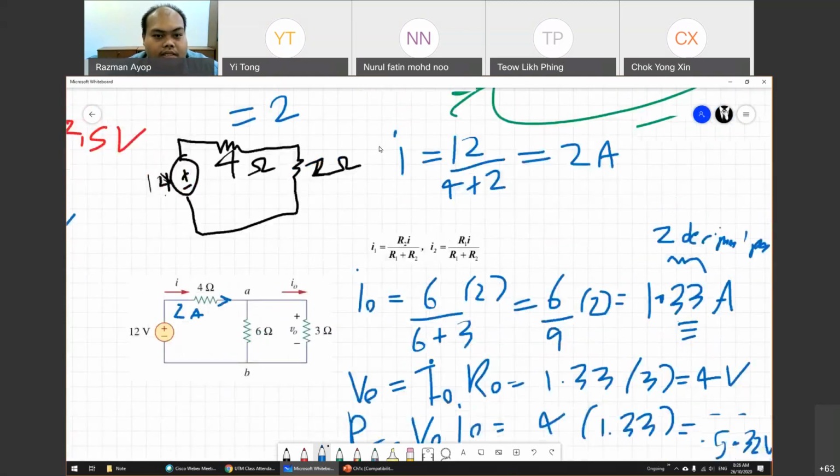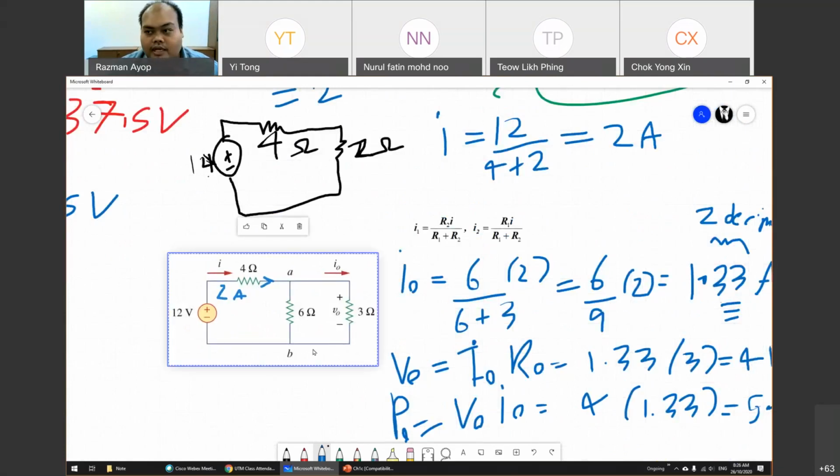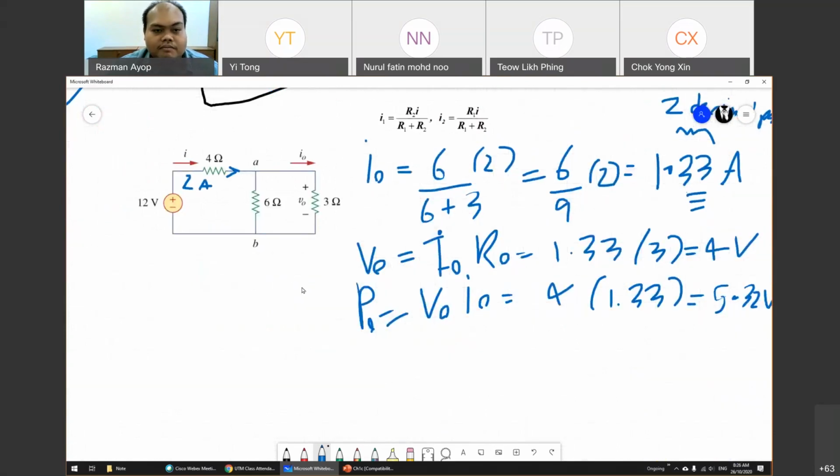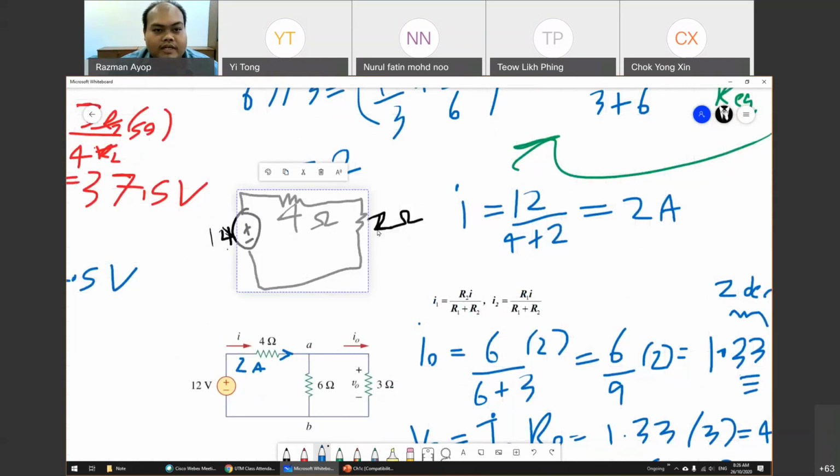So for this case, you use the current divider rule. But as I said before, these are only a theory, a toolbox, a method that you have to solve this circuit problem. You can also use the voltage divider rule.